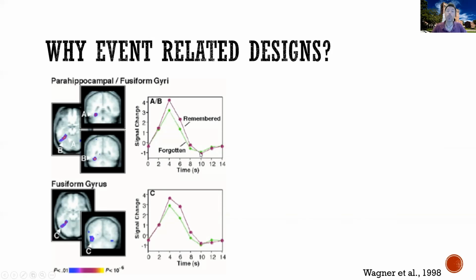The BOLD response was stronger in this purple color compared to items that were forgotten in the green color. So this allowed Wagner and colleagues to ask, why is one item remembered and the other one is forgotten?